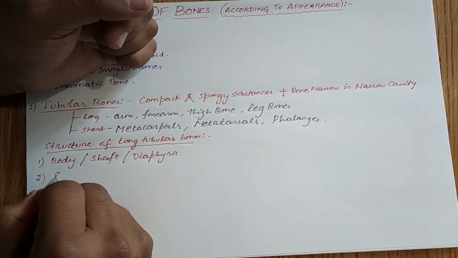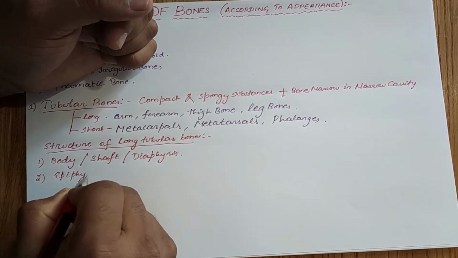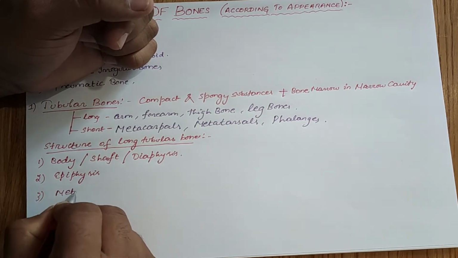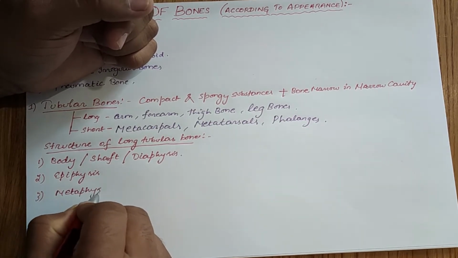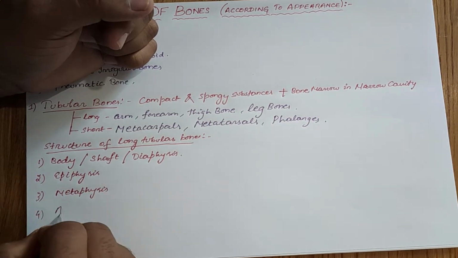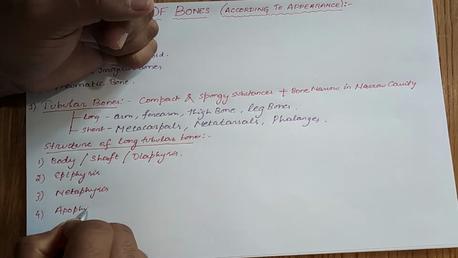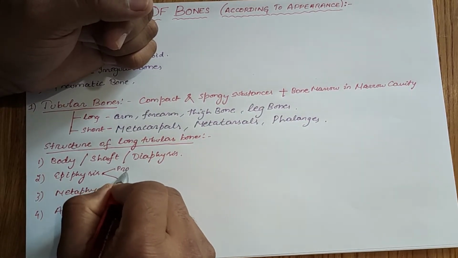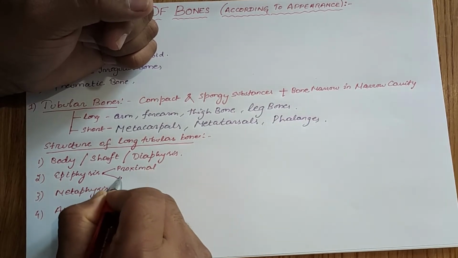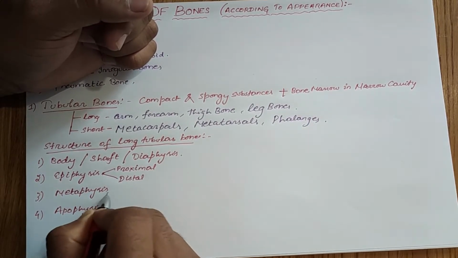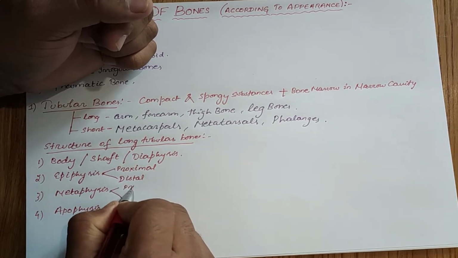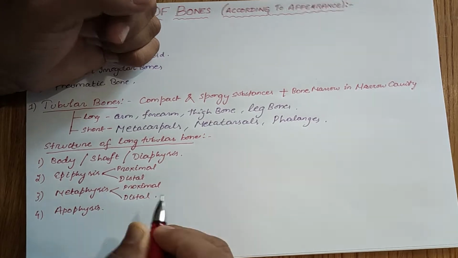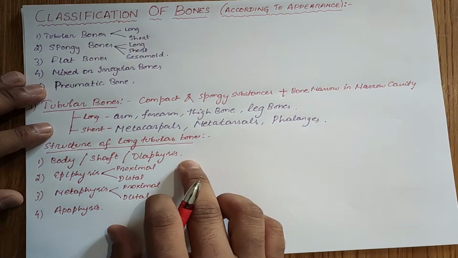Secondly, the epiphysis. Thirdly, the metaphysis. Fourth, the apophysis. Epiphysis is divided into two, proximal and distal. Metaphysis is similarly divided into two, proximal and distal.